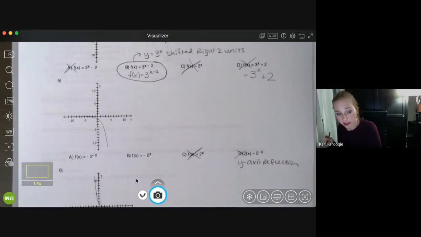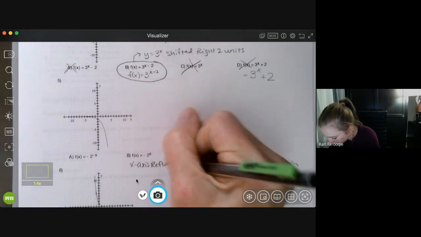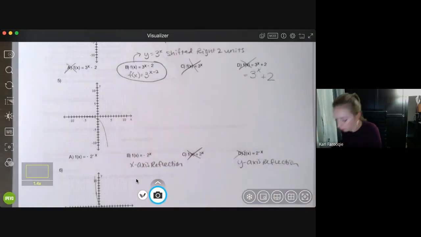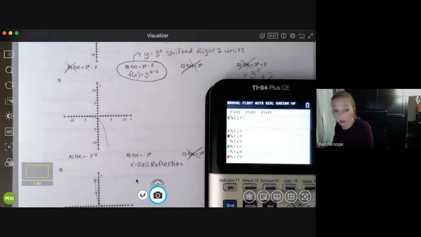Negative 2 to the x. This is when you take your function and reflect it about the x-axis. I guess technically you could put this one in your calculator just to verify, does this look right? Instead of plotting points, we could do it that way. You do have your calculators at your disposal.